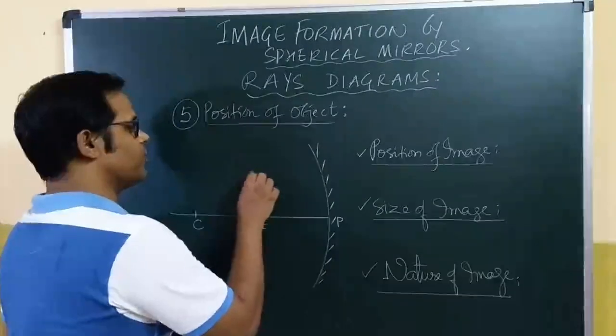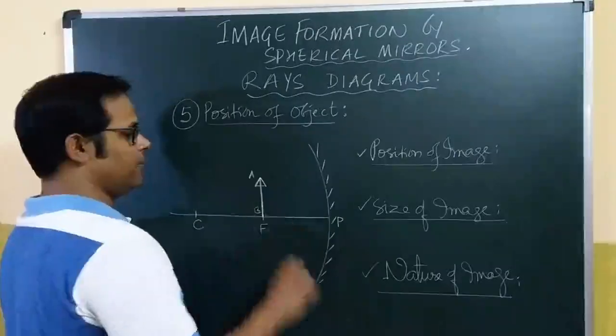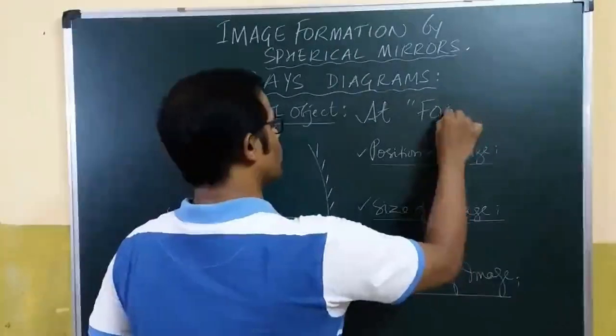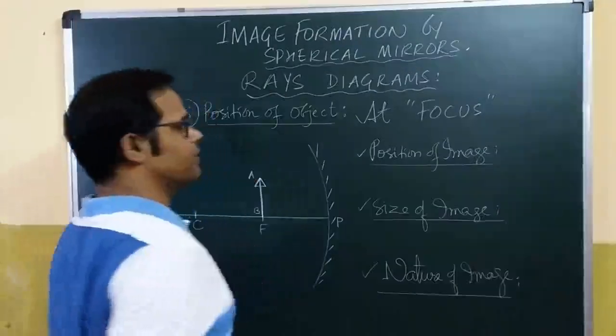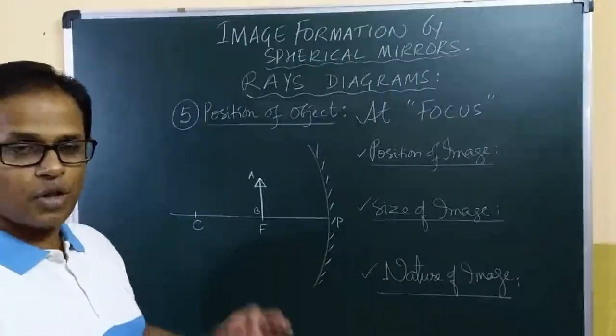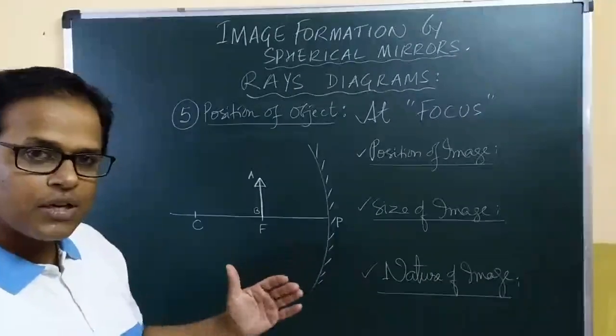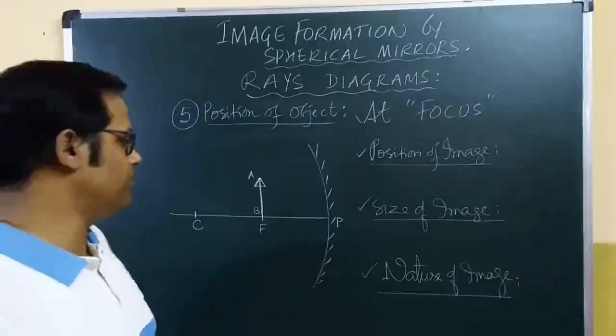Let us not forget to name the object. It is AB as usual. So now the object is standing very close to the mirror, at the point called the focus. So the object distance in this case is exactly equal to the focal length of the spherical mirror.